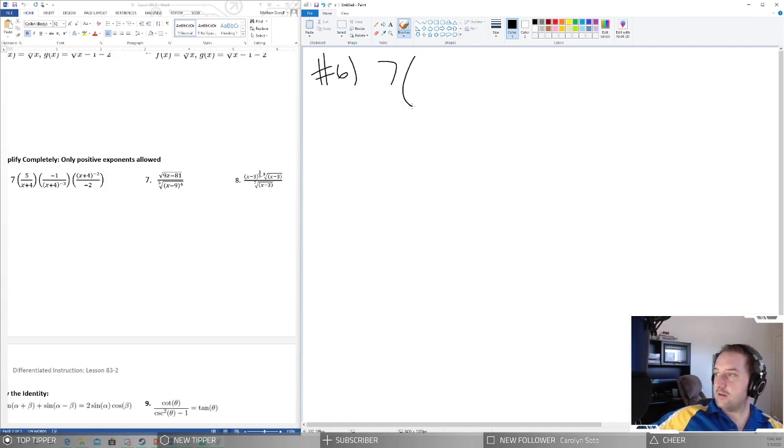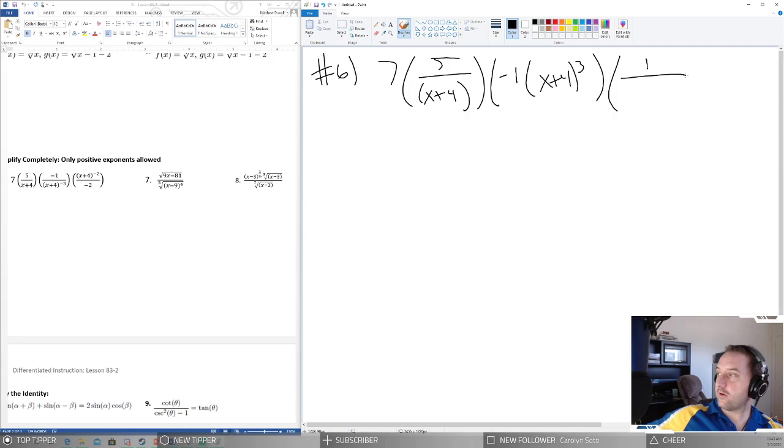So I have 7 times 5 over x plus 4 times, now because this says x plus 4 to the negative 3, I can actually move that up into the numerator. So then this would be negative 1 times x plus 4 to the 3rd. And then this is x plus 4 to the negative 2, so I can move that to the bottom. And so that'll be 1 over negative 2 times x plus 4 squared.